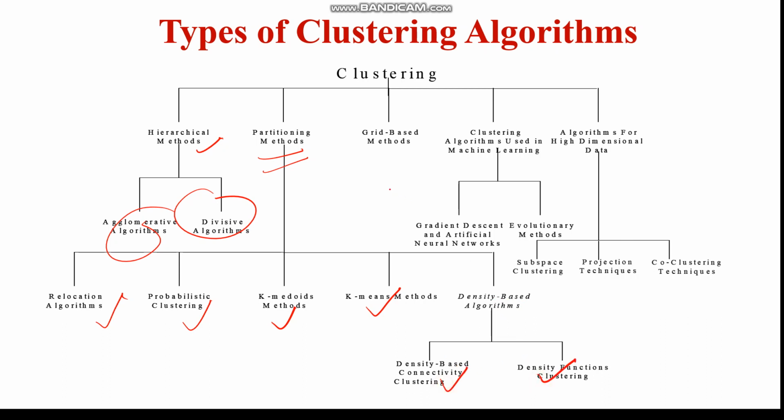We have grid based methods, and clustering algorithms used in machine learning, like gradient descent and artificial neural networks. There are evolutionary methods, and algorithms for high dimensional data, such as subspace clustering, projection techniques, and co-clustering techniques. We will discuss hierarchical methods, agglomerative and divisive algorithms, in detail in the coming videos.